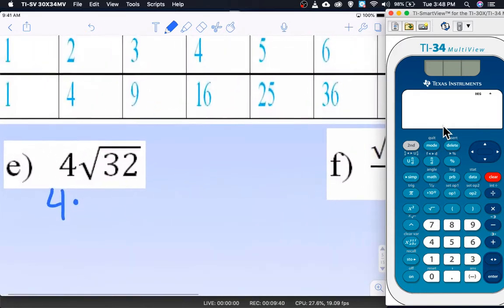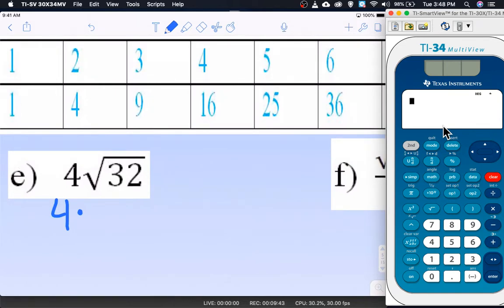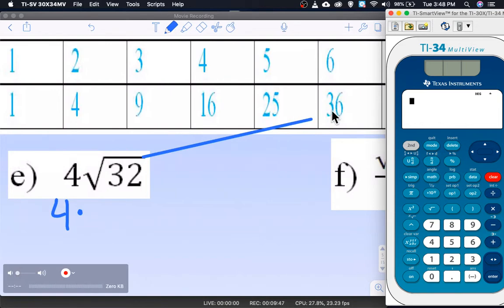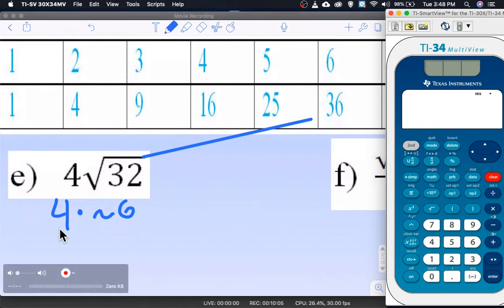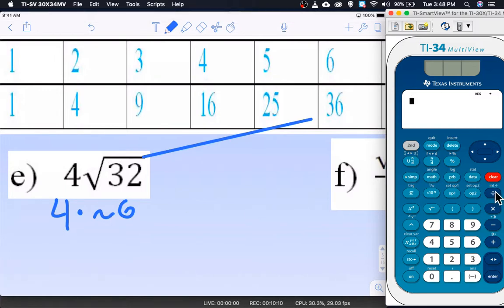Now, looking at my chart up above, square root of 32 is between the 25 and the 36, but it's a lot closer to 36. So then I can estimate that this piece here has a value of about 6. And then using my brain, 4 times something that's about 6 will give me about 24.